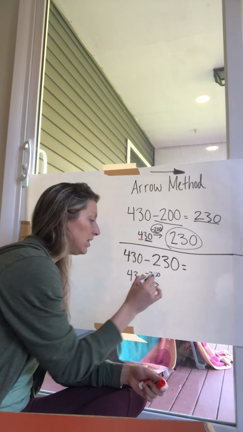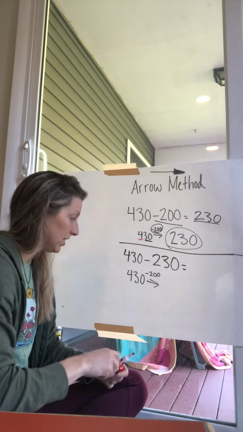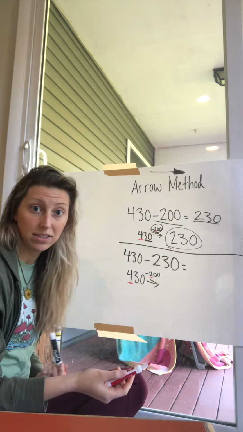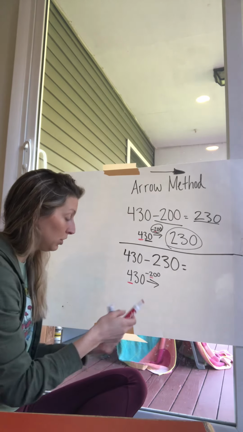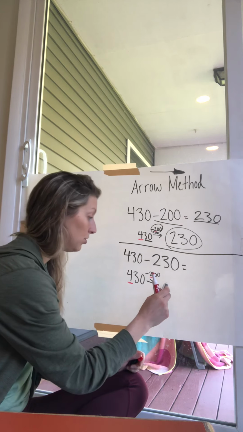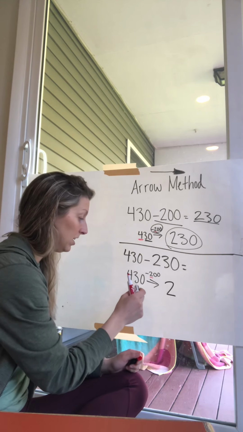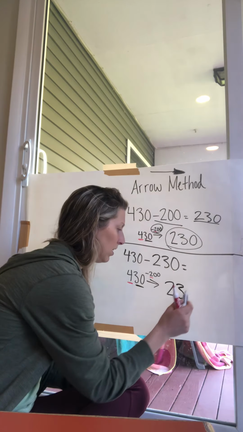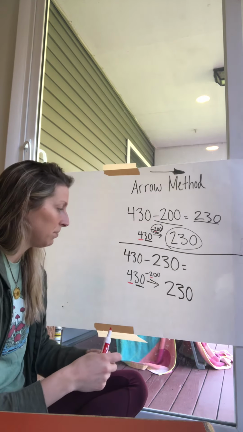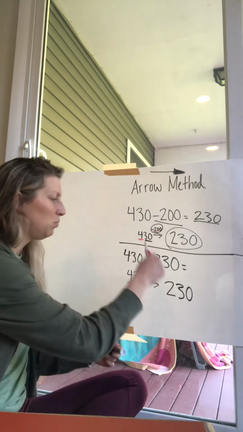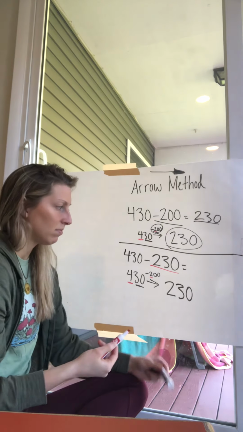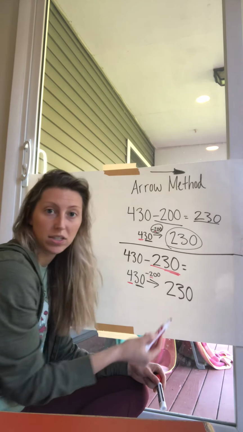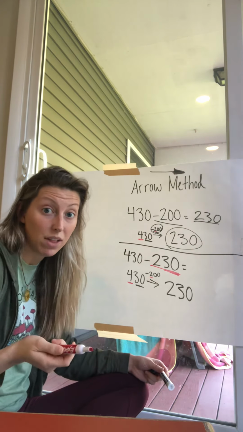That's an easy landmark number, because again, we know that we're just messing with the hundreds place. So that's 4 take away 2, which is going to leave us with 200. And did we take away any tens or ones? No, so we're going to put that 230 there. But did we take away 230? We didn't take away that 30 part. Okay, so we still have to do that.